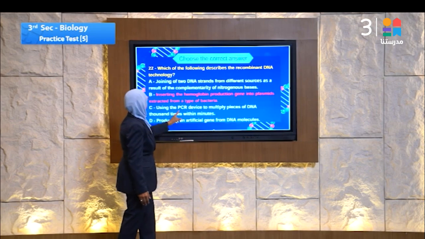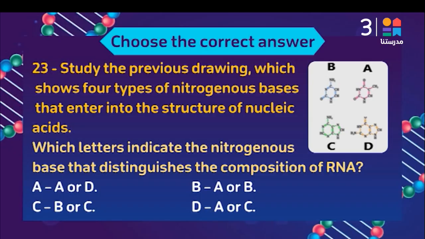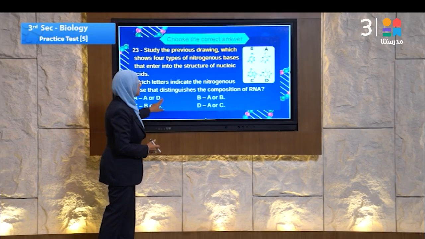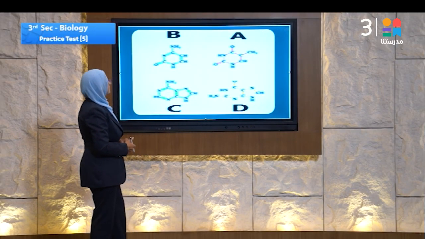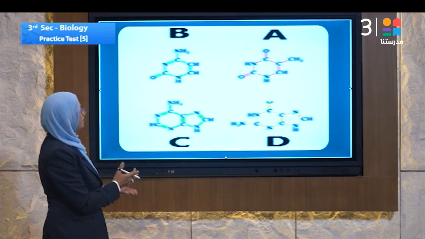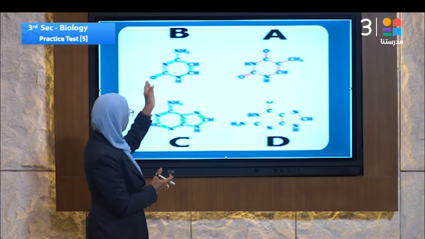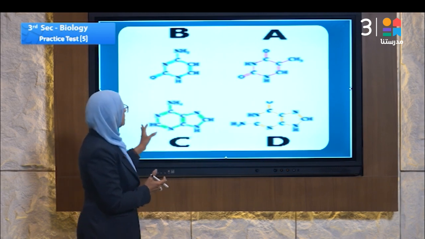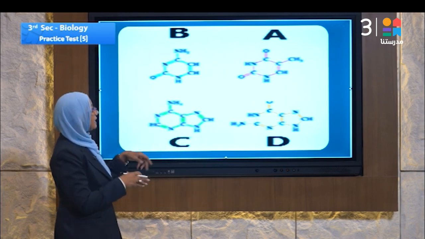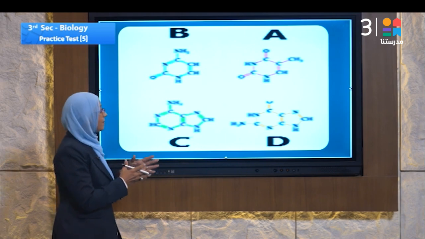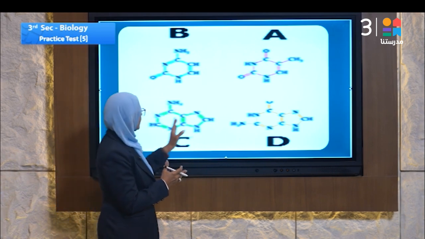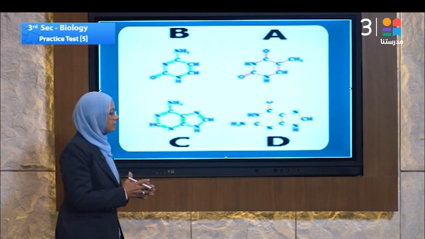Let's go to question number 23, which has a figure. Let's see the figure first. The figure here speaks about bases B, A, D, C. There are rings. One of them has one ring and the other has two rings.